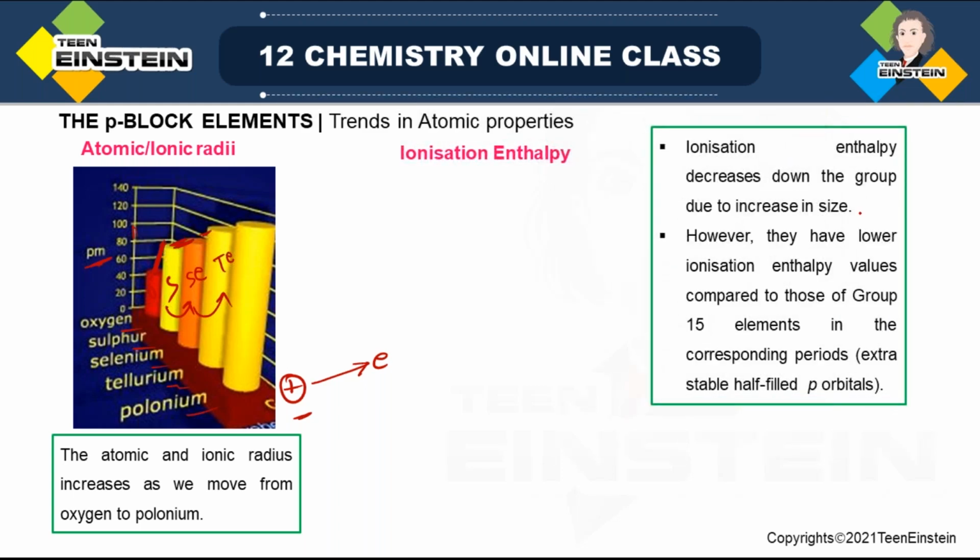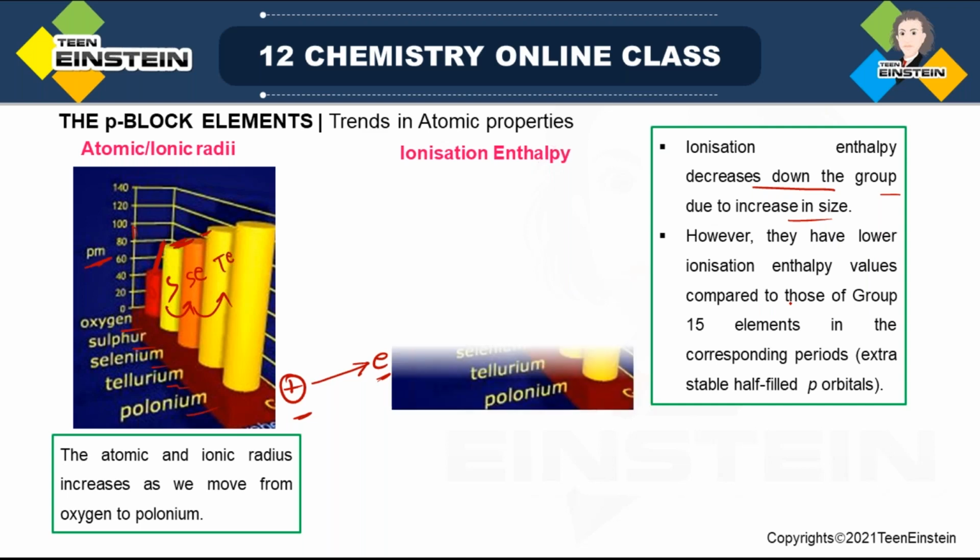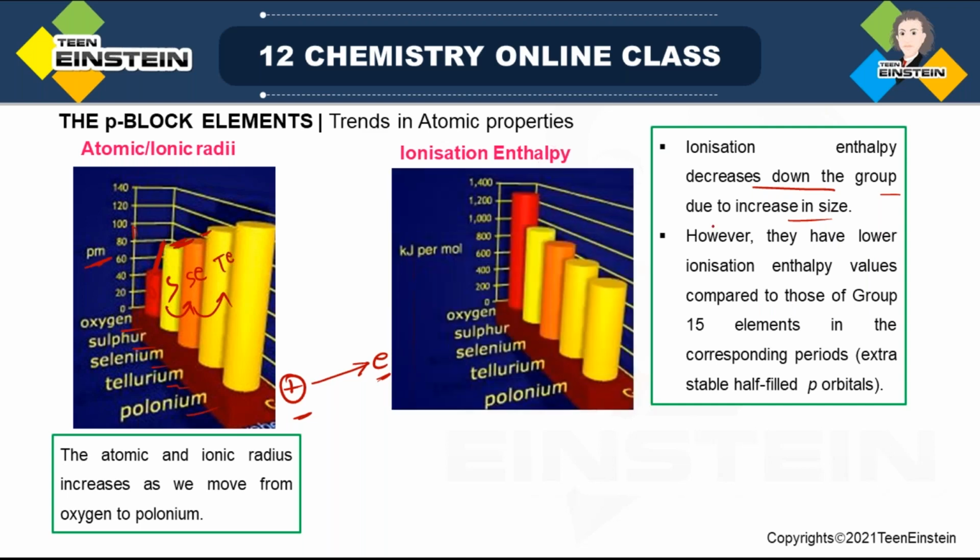Ionization enthalpy. It decreases down the group, that we know, because of increasing size. So you can easily remove the outermost electron because the distance between the nucleus and the outermost electron is increasing. So you can easily remove the most loosely held electron. But if you look at the values, down the group there is decrease, that is fine.